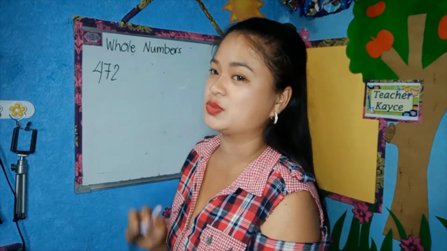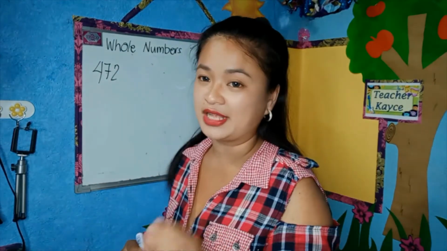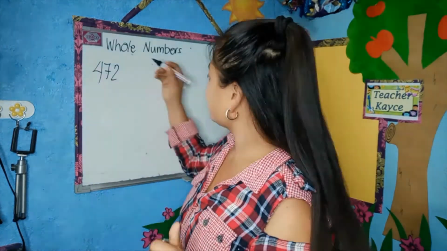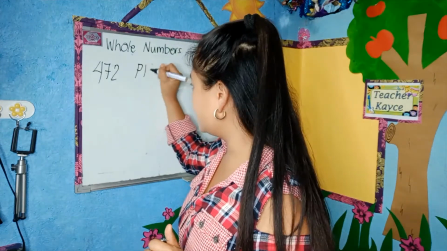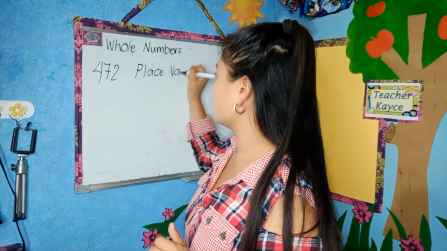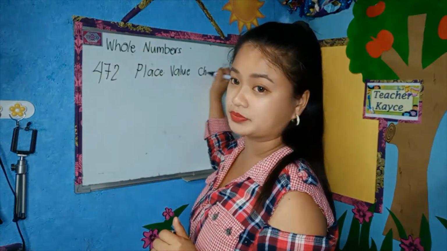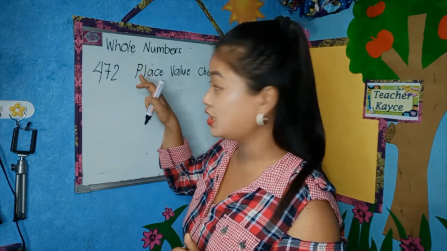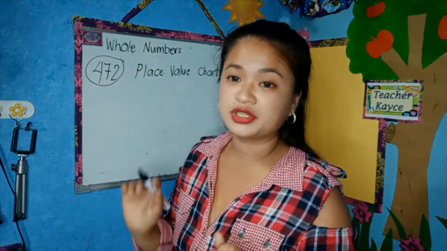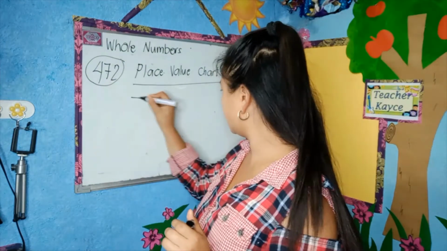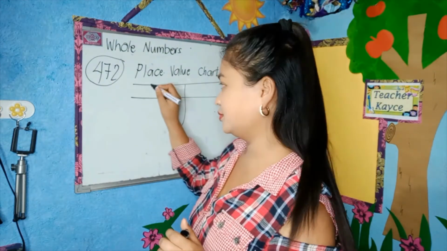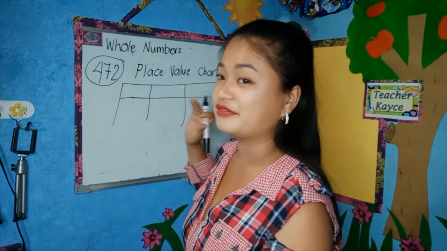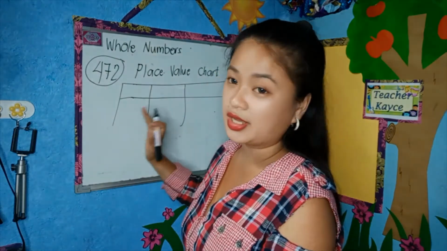Before you can read this one, let's recall your place value chart. I do believe that you have learned that before in your lower years. Again, if we have 3 numbers here, we are going to create 3 columns. In your table, we have 3 columns, 1, 2, and 3.